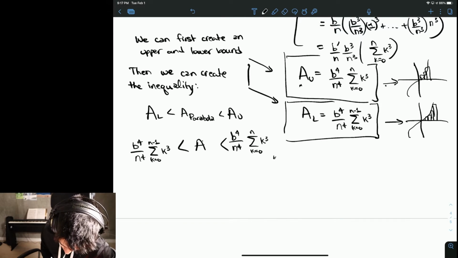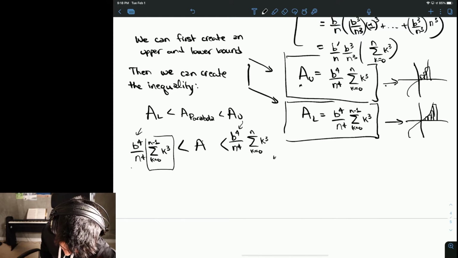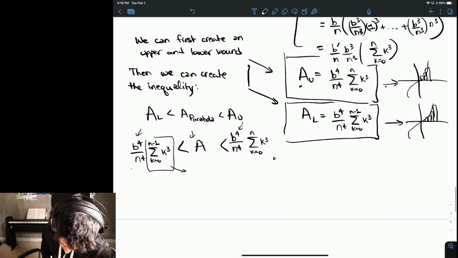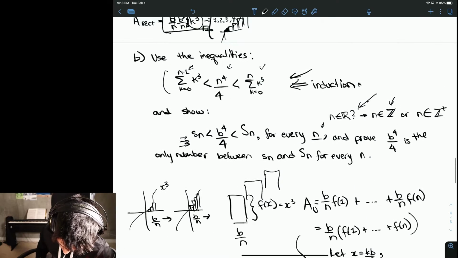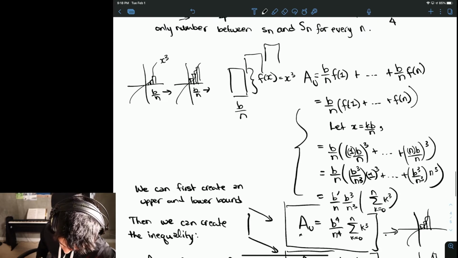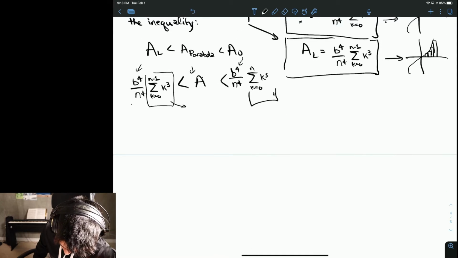We need to figure out if this term is in A. Because if it is in A, then we can argue that since they all have this term in common, the only thing that can be in between this term and this term is the n cubed, or n to the 4 over 4.